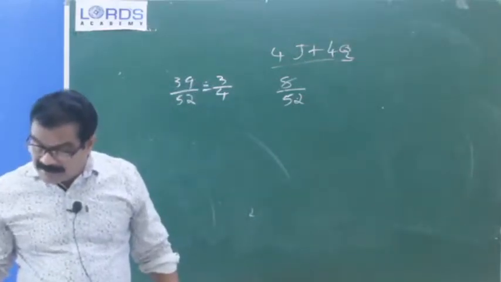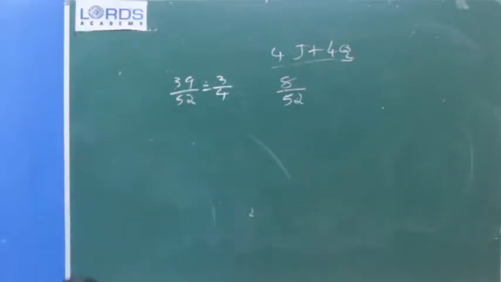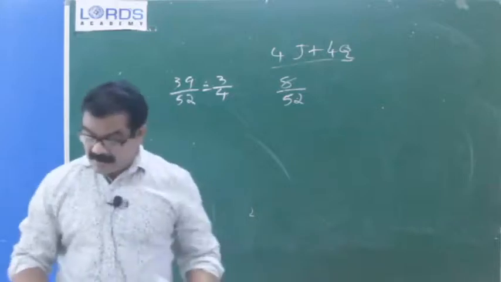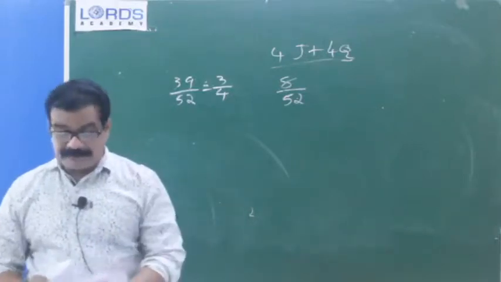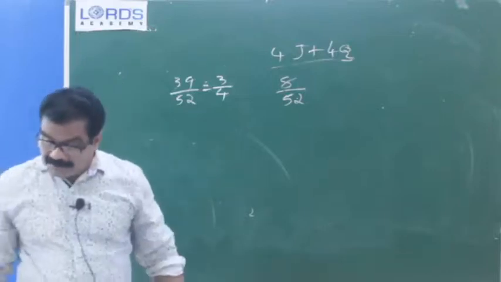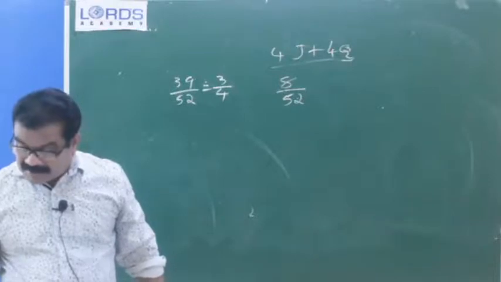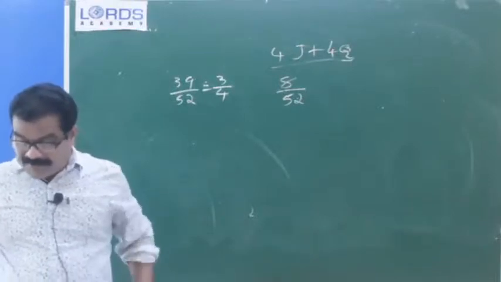We can take another question, question number 13. Thirty identical cards are marked with the numbers 1 to 30.